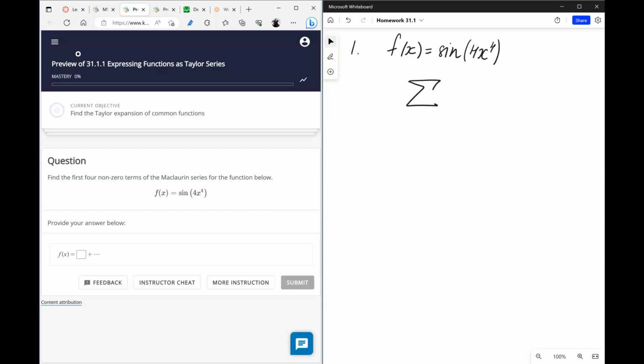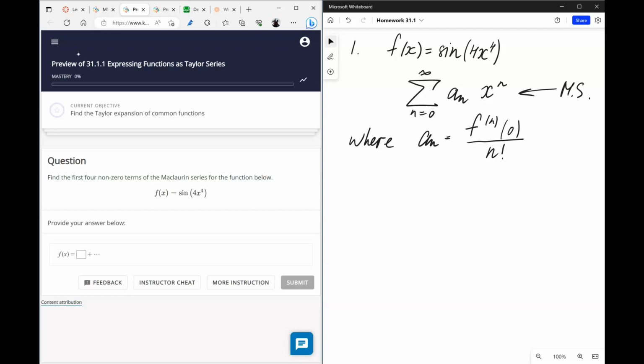It's a series obtained from some function. It is centered at 0, and the nth coefficient is computed using this formula: we take the nth derivative evaluated at 0 and divide it by n factorial. This is what we call the Maclaurin series.